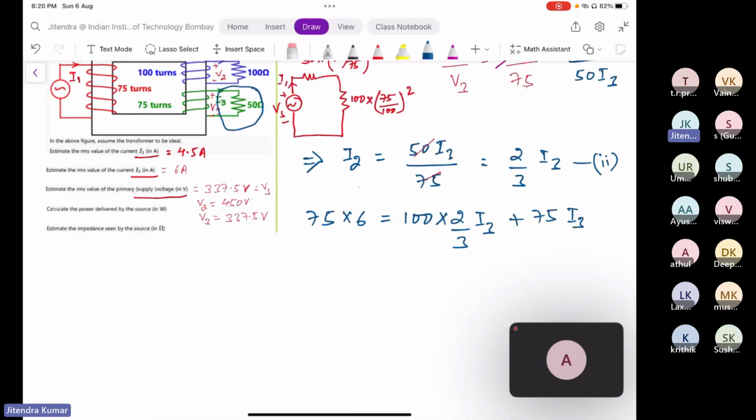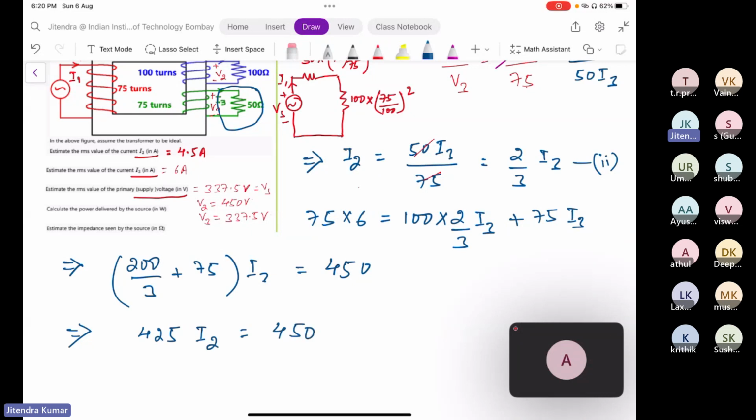So if you solve this expression, you will get 200 by 3 plus 75, times I3, is equal to 75 into 6, that is 450. That gives 425 by 3 I3 is equal to 450, so I3 is equal to 450 into 3 by 425.